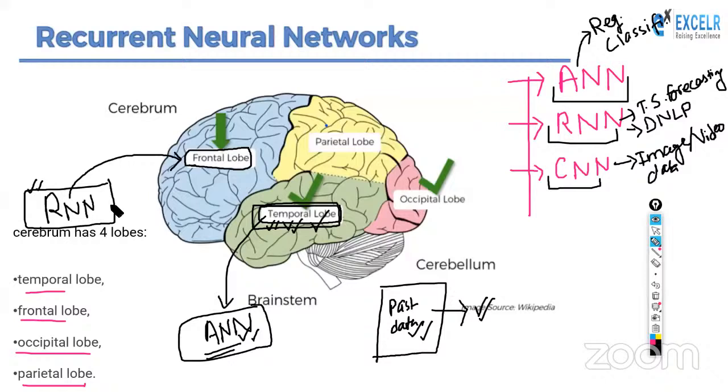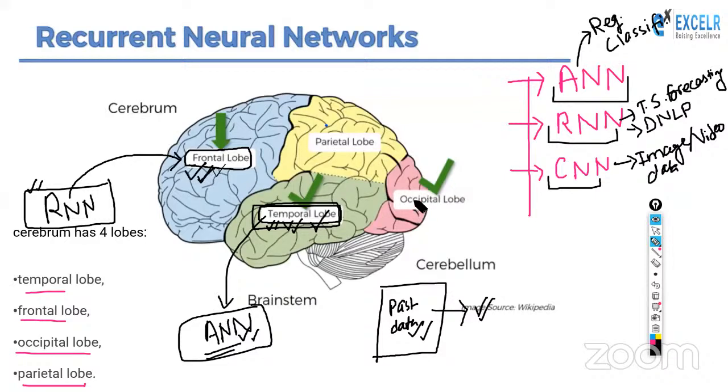It won't consider most of the older past data. So it will consider only short-term data, and this is the functionality of the frontal lobe. The frontal lobe also considers only the current experiences or current scenario, and based upon that it decides what to do. So the functionality of RNN can be linked with the functionality of the frontal lobe.